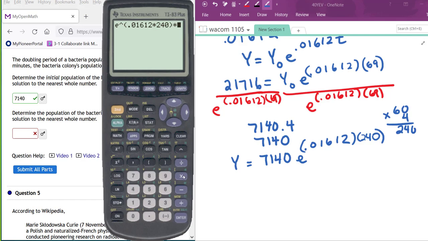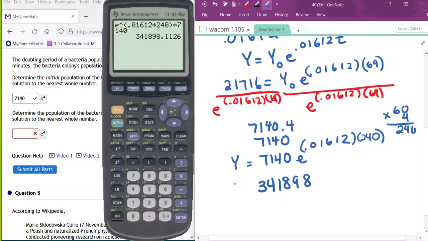And I can go ahead and do times 7140. If you wanted to hit enter, that would have been fine. And then times the 7140. So I am getting 3,4,1,8,9,8. This will drop off to the nearest whole.